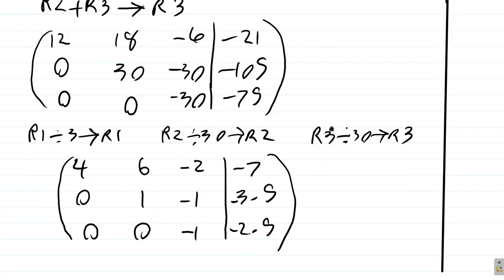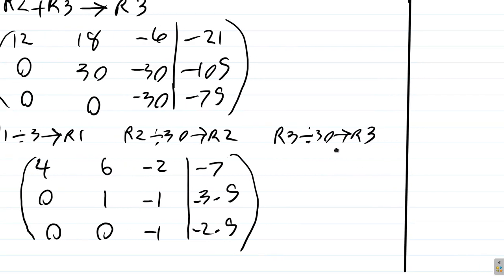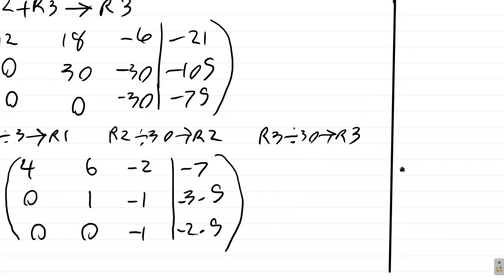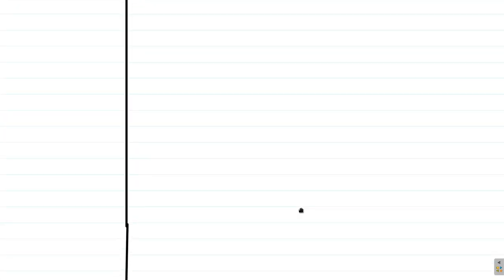So let's change these back into equation form. Let's rewrite this first. We have 4, 6, negative 2, negative 7.